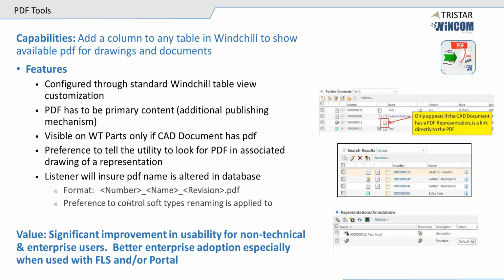Windchill will just allow you to put a suffix or a prefix on these files. But with PDF Tools, we can also add the part number, the name, and/or the revision into the actual PDF file name, so that when you download the PDF, you know exactly what revision it is, and so on. So these work together, also within Windchill.